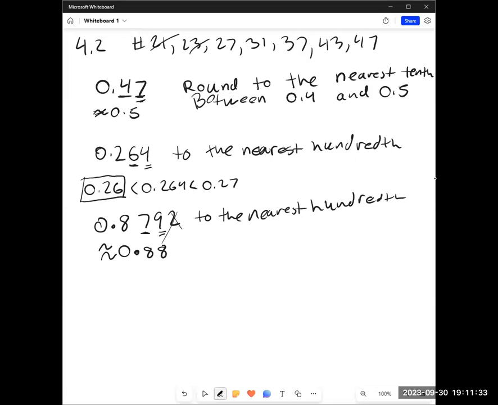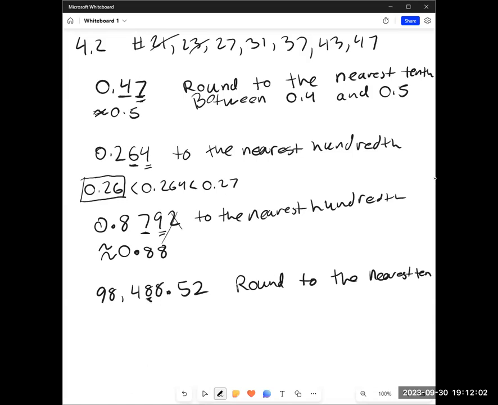The next one, we have 98,488 and 52 hundredths. We want to round to the nearest 10. Not tenth, 10. So we want to round it here to the tens place.